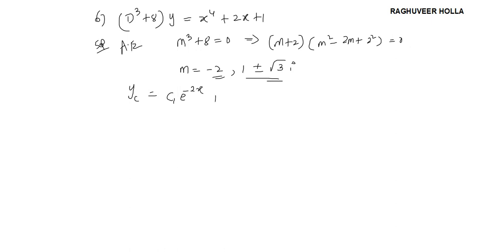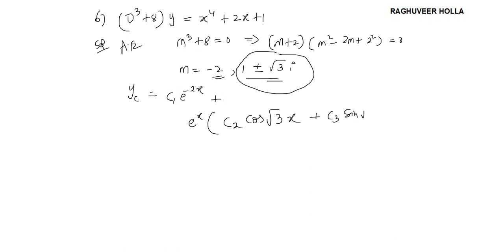Plus, now this thing can be written as e power x, fine, into c2 cos root 3 x, okay, which is in the form of alpha plus or minus beta i, plus c3 sine root 3 x. Okay, so you got yc. Let us find what is yp here.